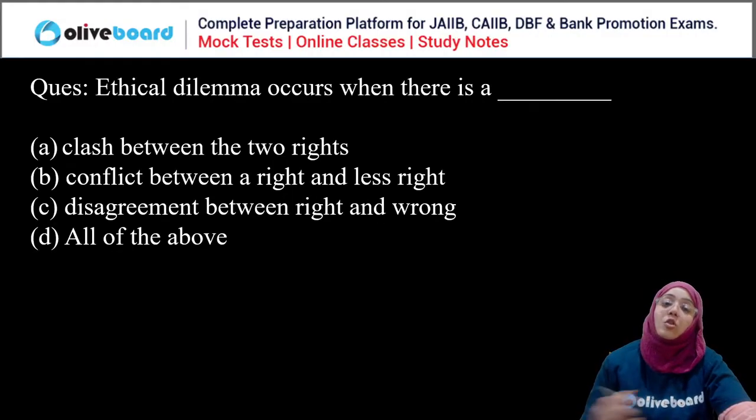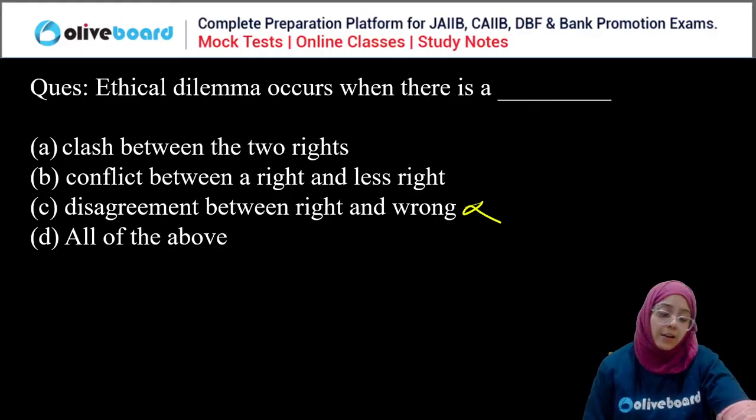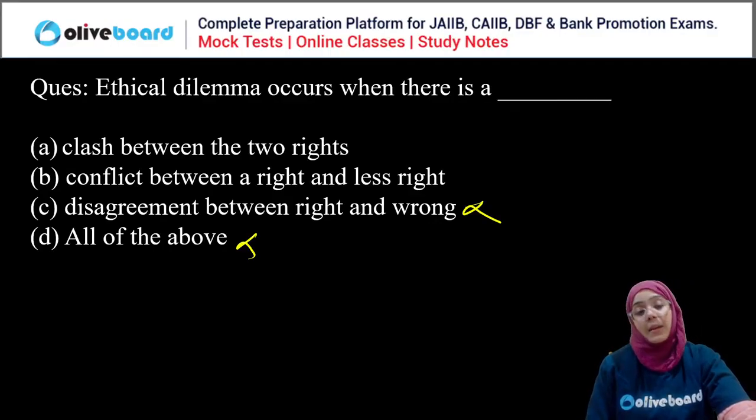It is not the disagreement between right and wrong. So all of the above cannot be the answer. It is neither C nor D. Now choose between A and B.